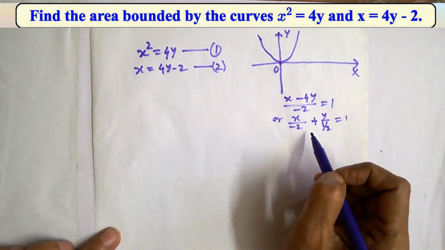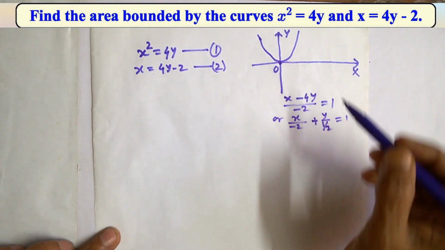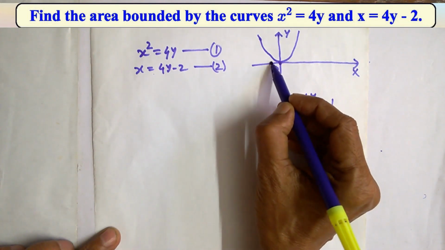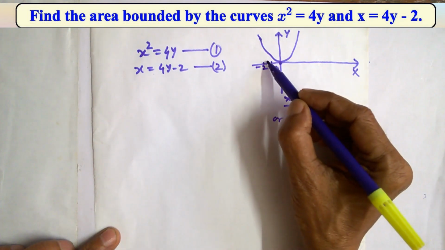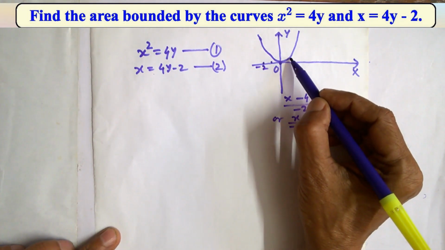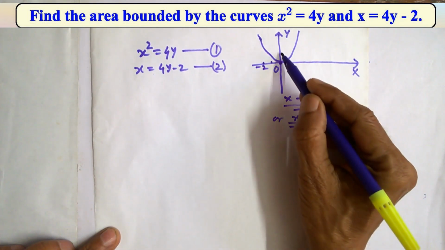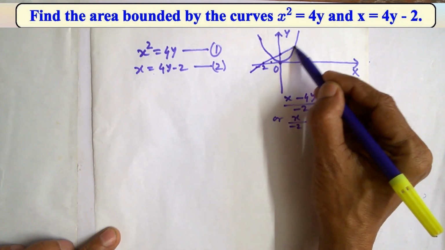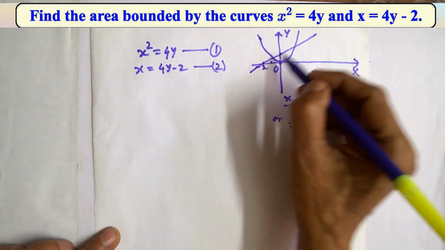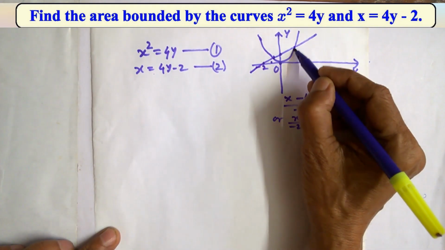So for this line 2, suppose this is minus 2 and y half, this is half, so the line will be like this. We need to find these 2 points.